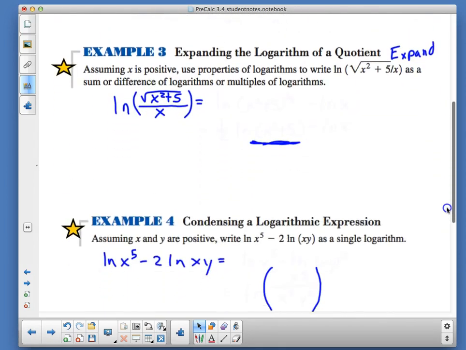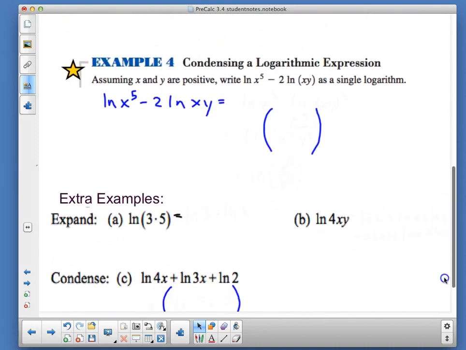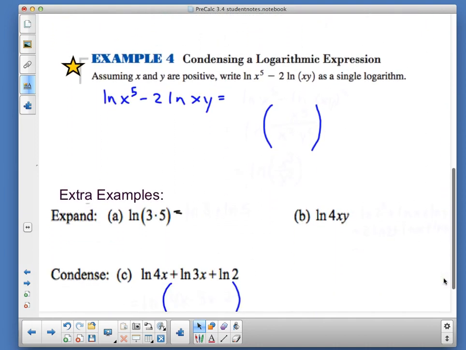When I'm doing this expansion part, assuming x and y are positive, write the natural log of x squared minus 2 times the natural log of xy as a single logarithm. Now I've got this going on, and I got a little sloppy there. I really like to have a parenthesis around those.